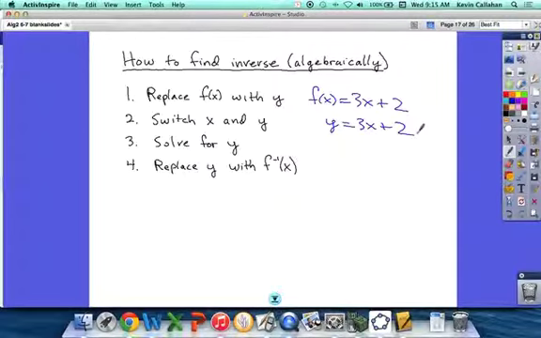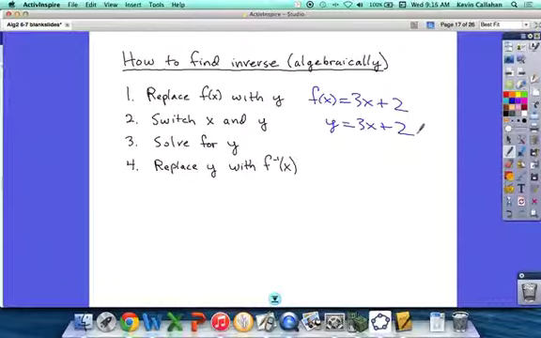We know that sometimes you say f of x equals, and sometimes you say y equals. If you're given the function as f of x equals, then you want to replace the f of x with a y. A lot of times, in fact in the homework, most of them don't have f of x. They just start with y equals, so you don't have to take that first step. It's already done. Once you've got it as y equals some expression of x, you switch the x and the y.